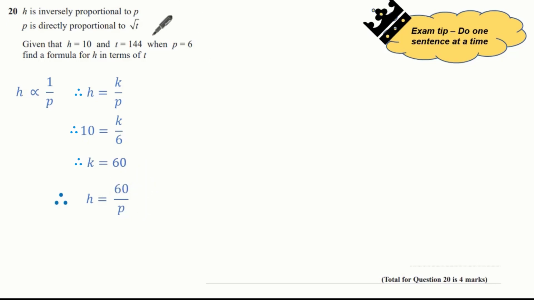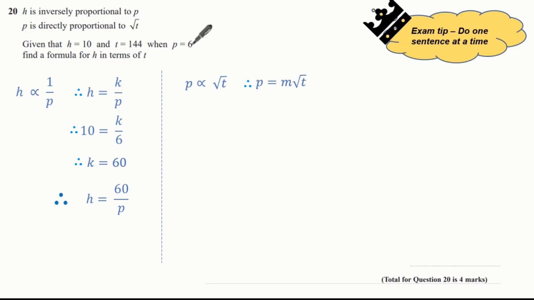Now let's move on to our second sentence, where p is directly proportional to the root of t. Using my correct notation, I can see p is proportional to the root of t. Replacing the proportionality sign with an equals a constant, I'm choosing m. Now let's substitute what we know.